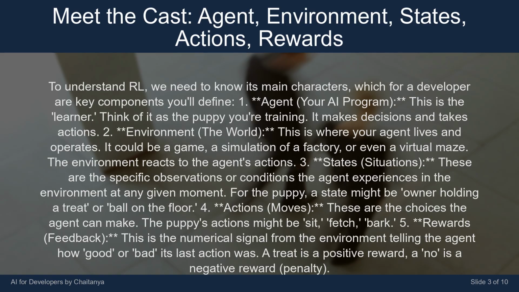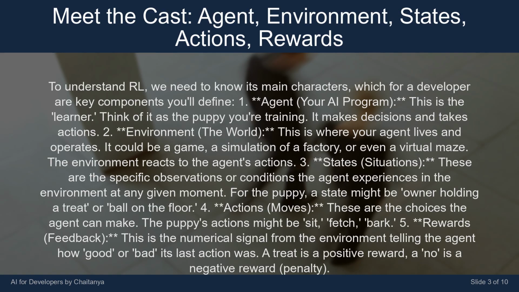3. States, situations. These are the specific observations or conditions the agent experiences in the environment at any given moment. For the puppy, a state might be owner holding a treat or ball on the floor. 4. Actions, moves. These are the choices the agent can make.